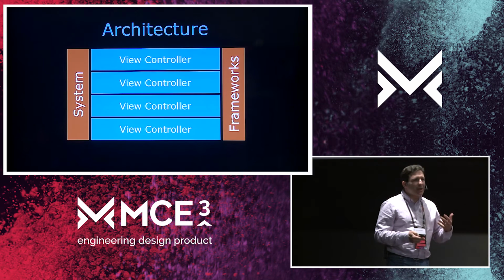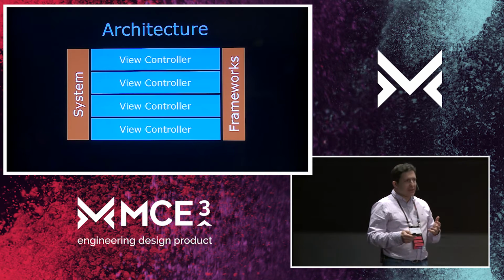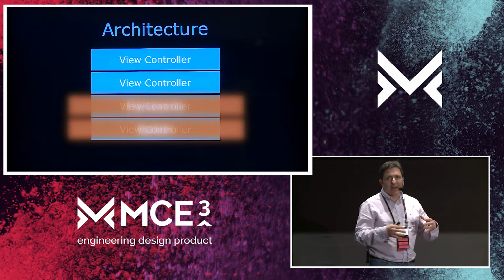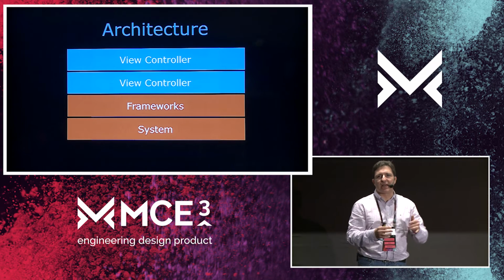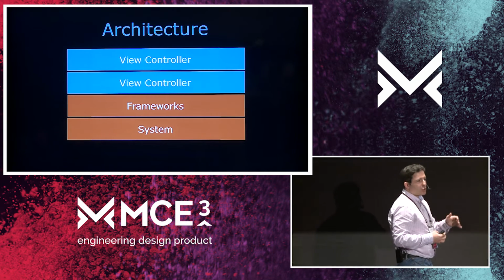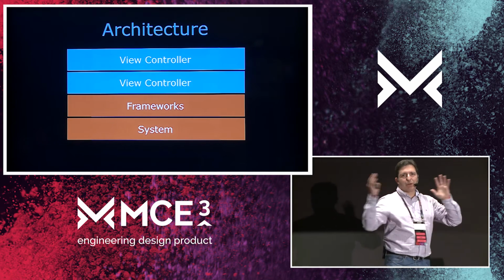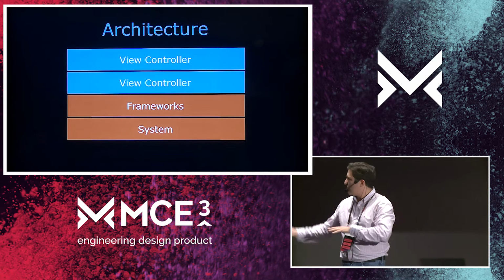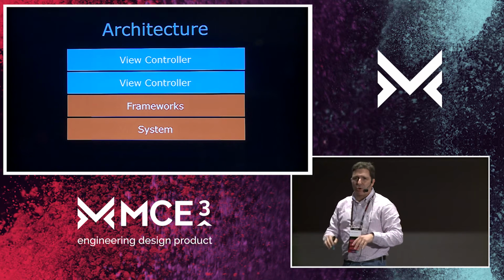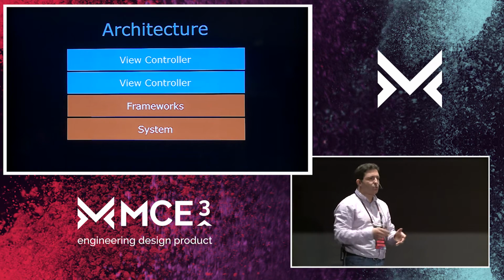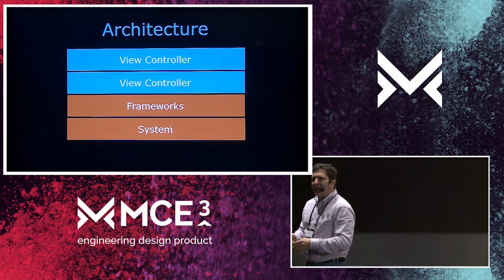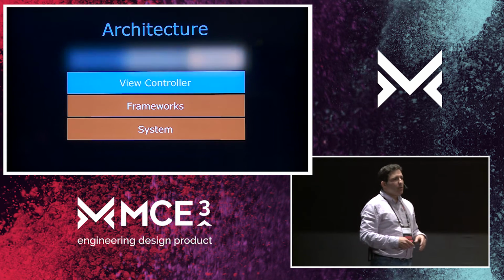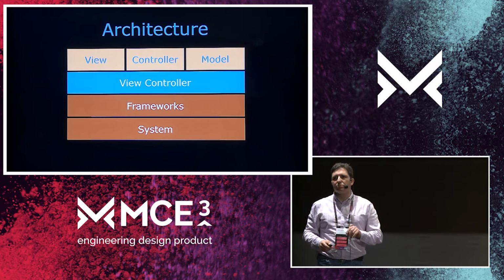But still, we are still talking about architectures like the ones that Apple or some others are trying to sell us as effective. So let me change the picture a little bit. We have the system at the bottom. We have the frameworks, which are usually our interface with the system. And we have these view controllers. But they have told us to use Model View Controller.